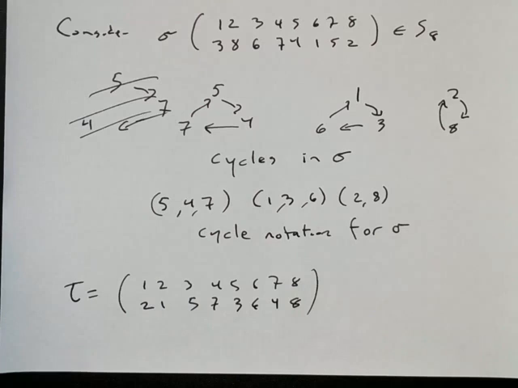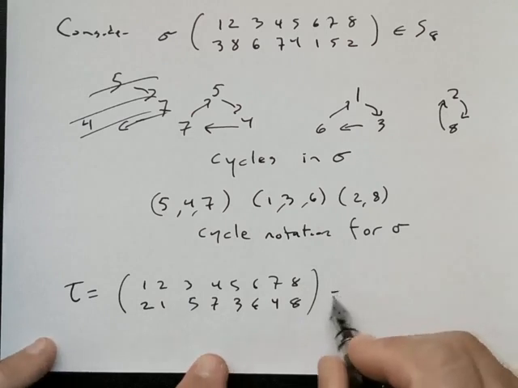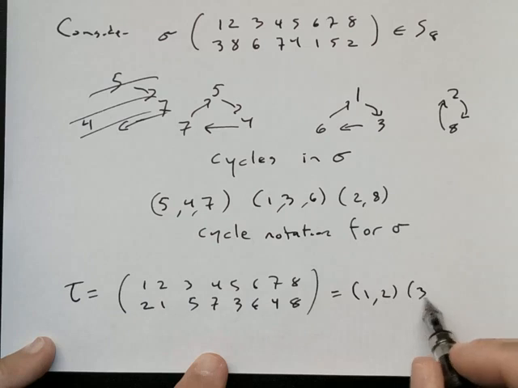Turn tau into cycles. What is the cycle notation for tau? 1, 2, 3, 5, 4, 7, 6, 8.